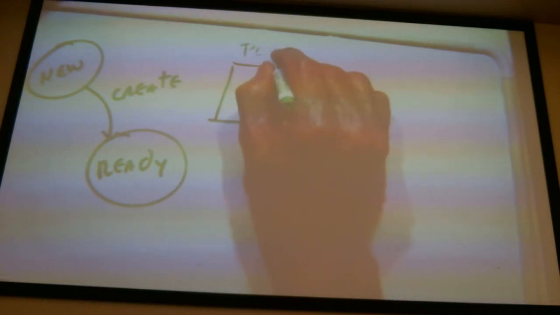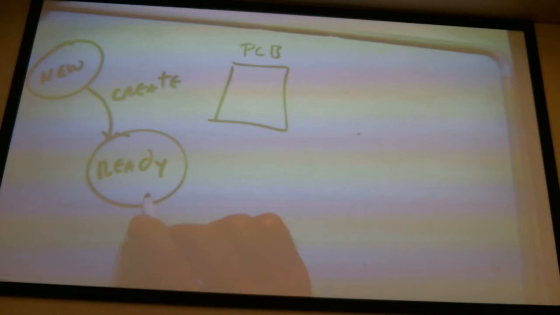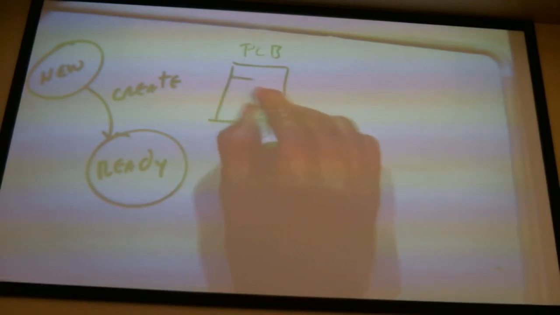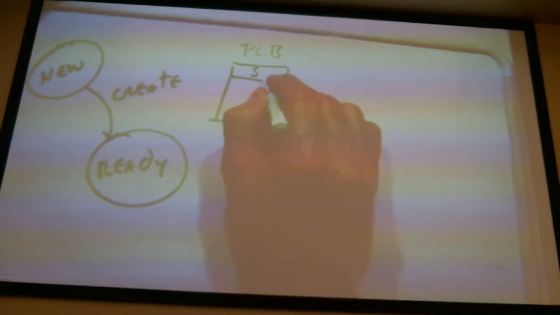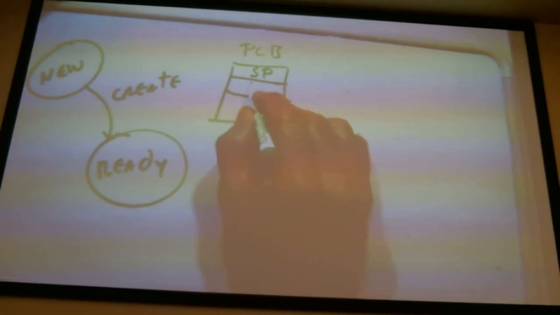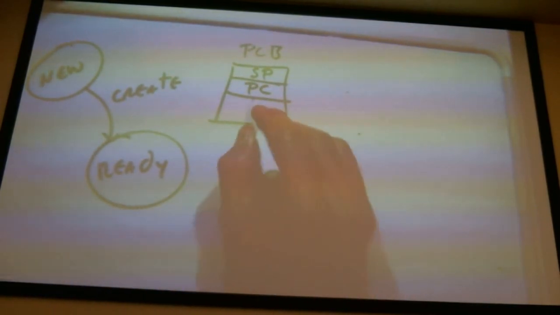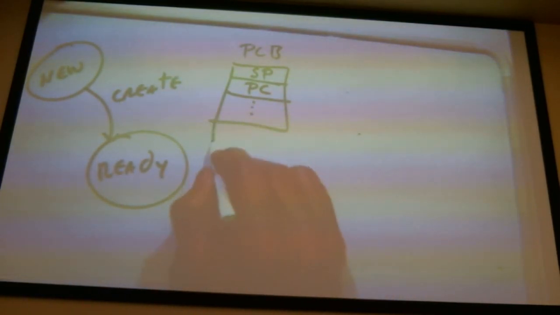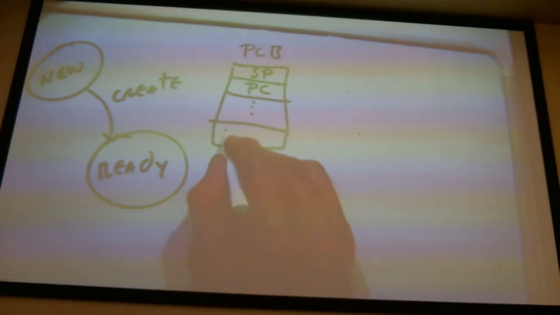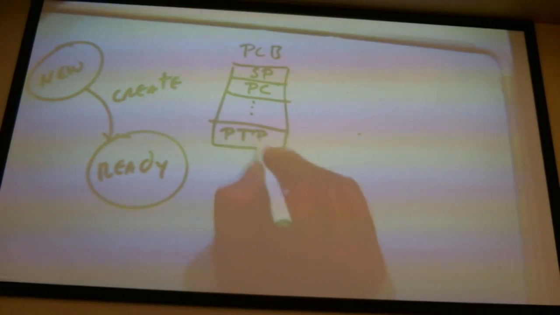Well, it means that we have created the process control block, right? And there we have the stack pointer, we have the program counter, we have some other information, mode, and now we're going to have the PTP.